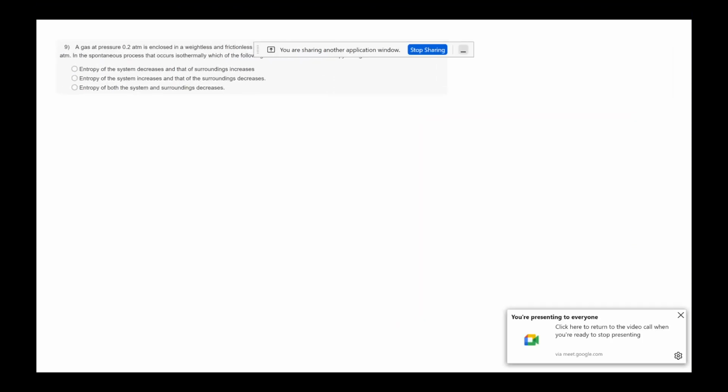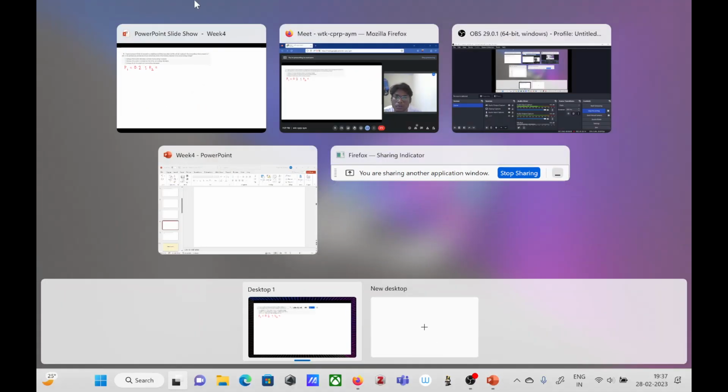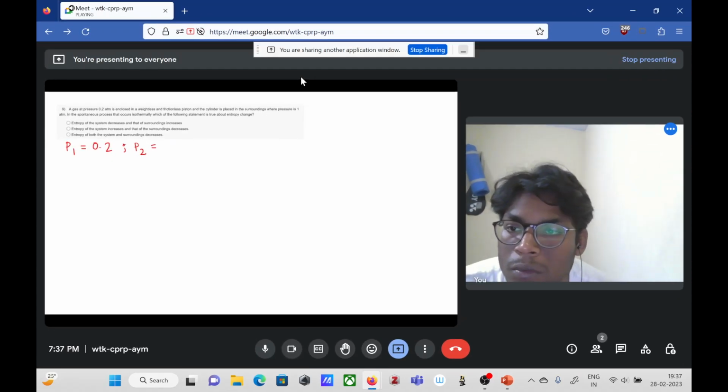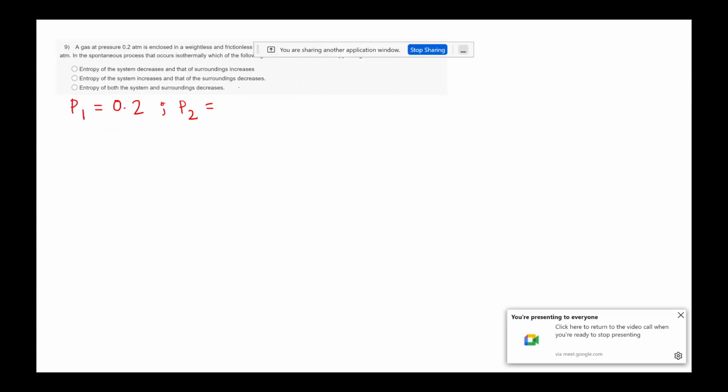Now for this, the gas pressure is just 0.2. So here P1 is 0.2, P2 is 1 atm.